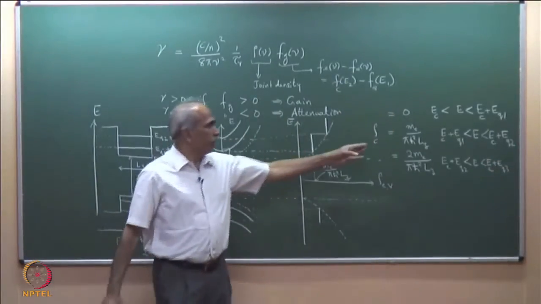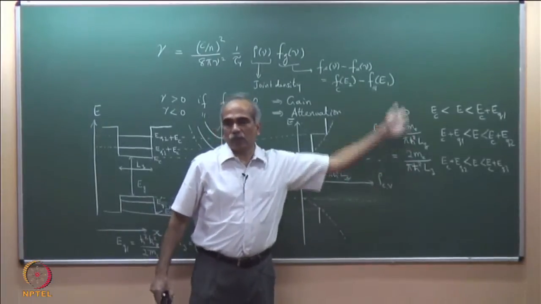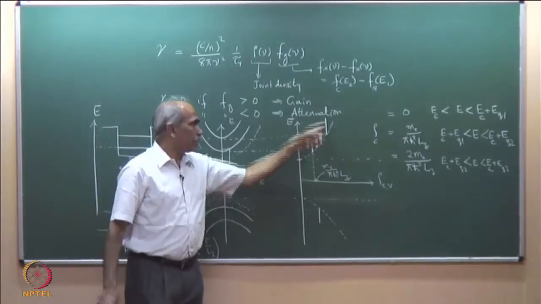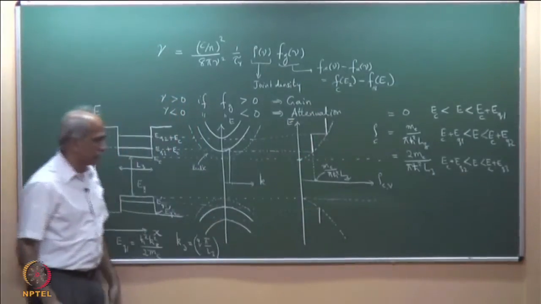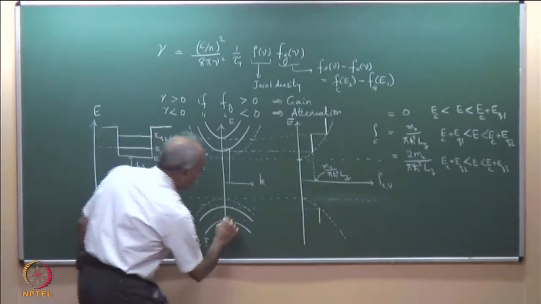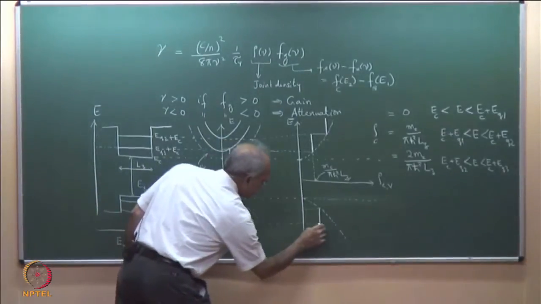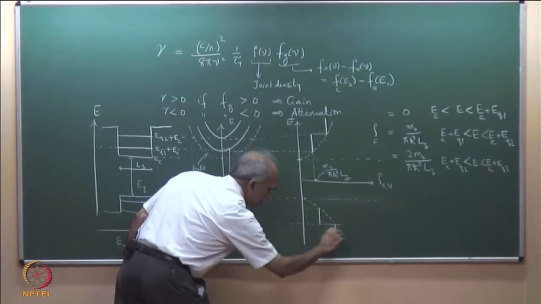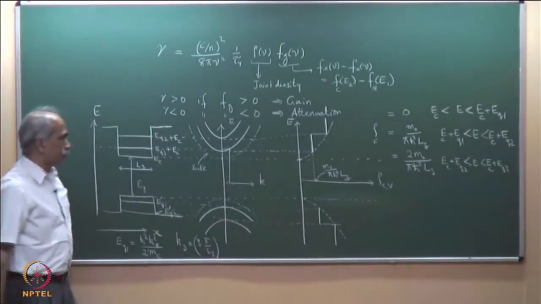And similarly, rho v will be the same with mc replaced by mv, that is all. So, the point is the density of states is a step function. Same thing is true here, density of states is a step function, and from here you have the next step.